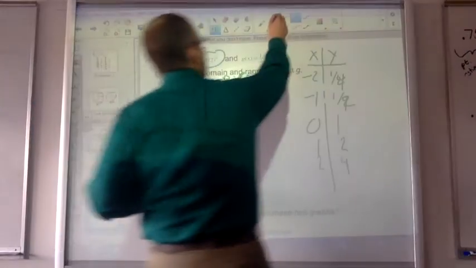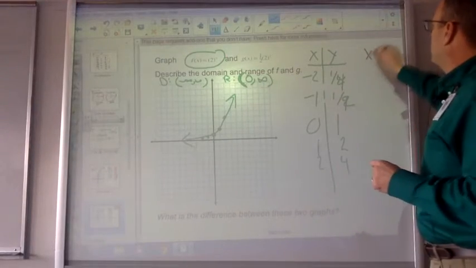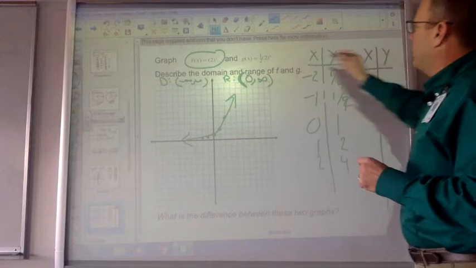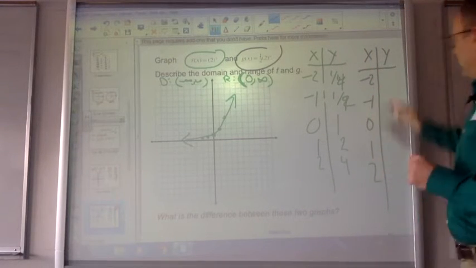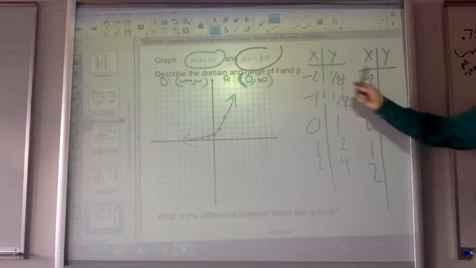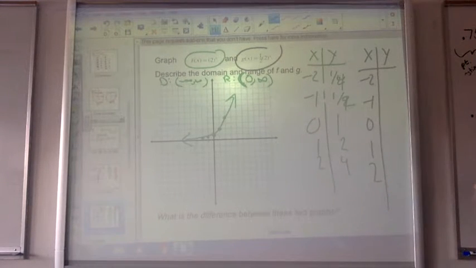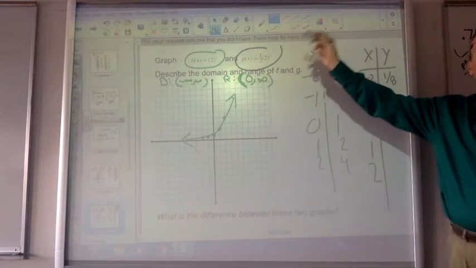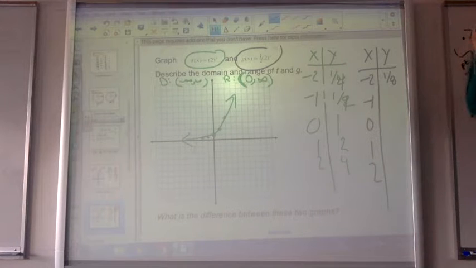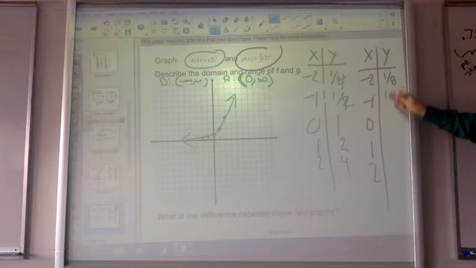Okay, so now let's do this one in black. X and y. Let's see if we can figure this one out. There we go. -2. Okay, we're good now. 2 to the -2 is 1/4. What is 1/2 times 1/4? 1/8. Good. If I take -1, plug it in, 2 to the -1 is 1/2. 1/2 times 1/2 is 1/4.